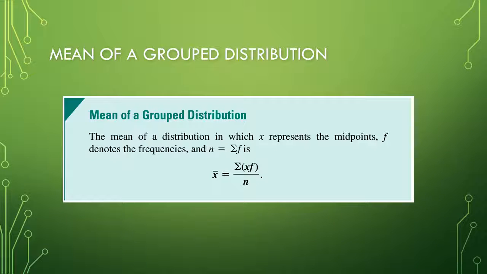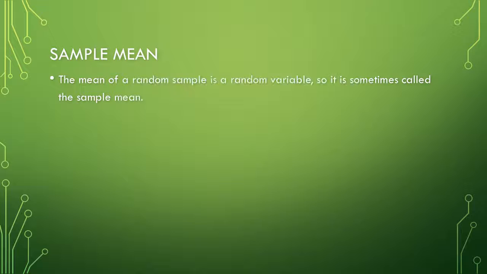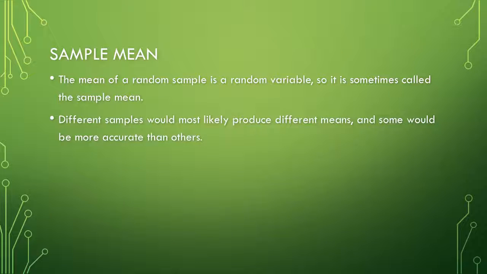This is the formula for the mean of a grouped distribution, and it's really what we just did. You multiply the midpoint times the frequency, add those up, and then divide by the total of the frequencies. The mean of a random sample is a random variable. It's sometimes called the sample mean. Different samples would most likely produce different means, and some would be more accurate than others.